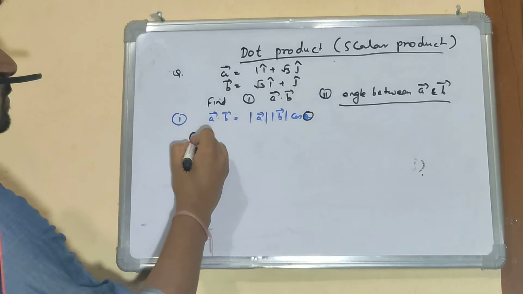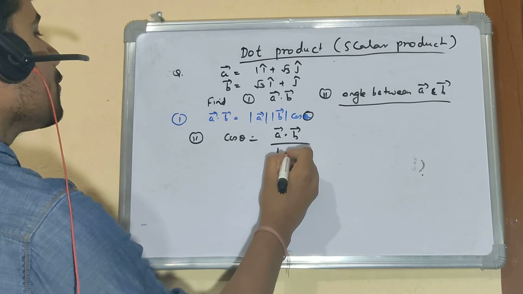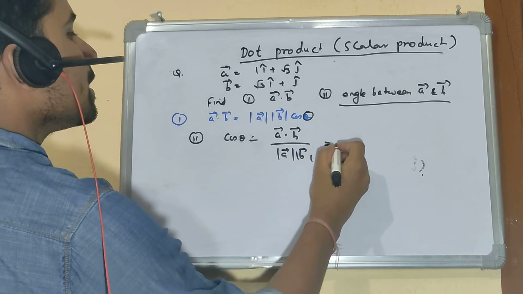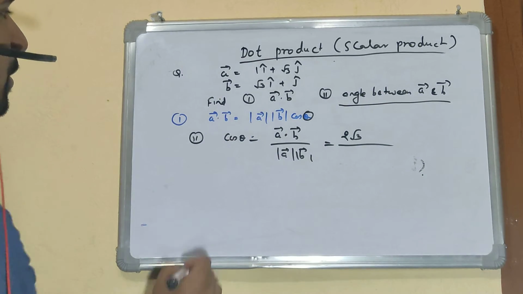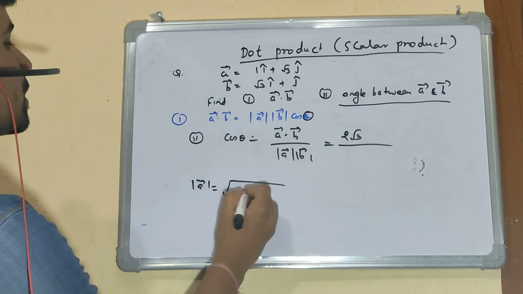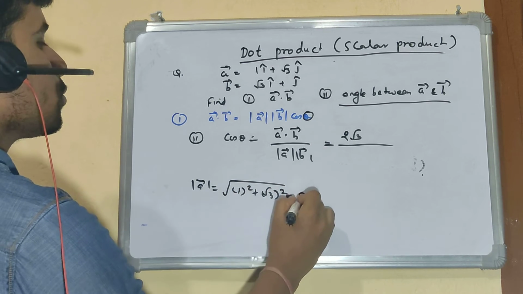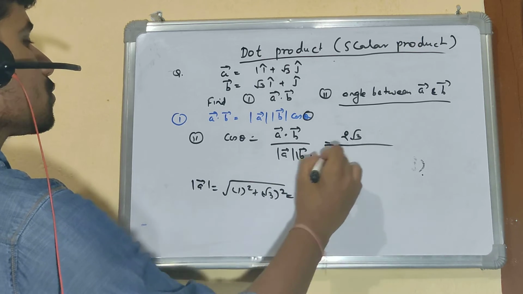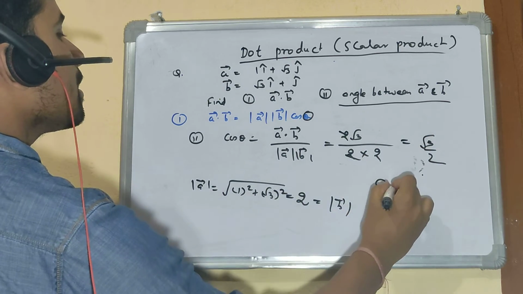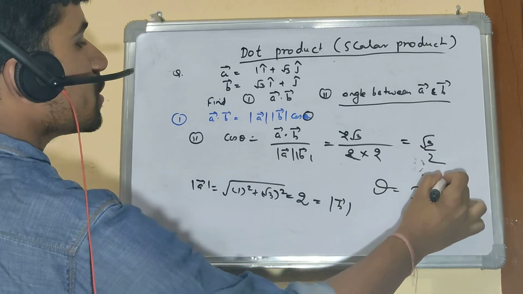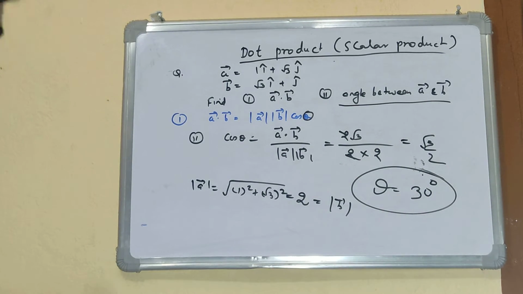So cos theta is A dot B divided by magnitude of A times magnitude of B. Magnitude of A is under root 1 square plus root 3 square, which is 4, so it is 2, the same as magnitude of B. So 2 into 2, and this is root 3 by 2. Cos theta is root 3 by 2, so theta is 30 degrees. So the angle between both vectors is 30 degrees, and we calculated the dot product as well.